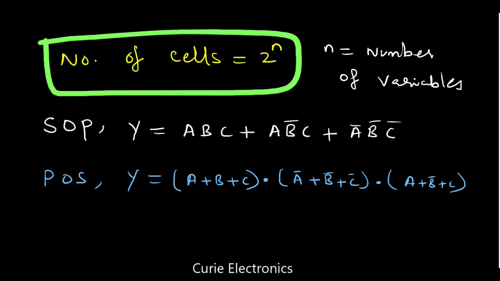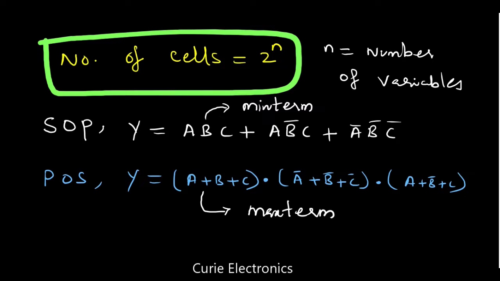In SOP, each term is known as a min term. And in POS, that is product of sums, each term is known as a max term. So you are aware of what a min term and a max term are.